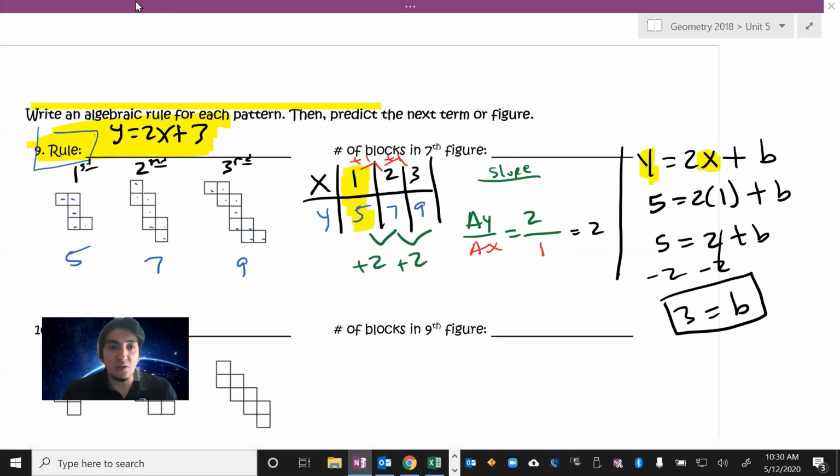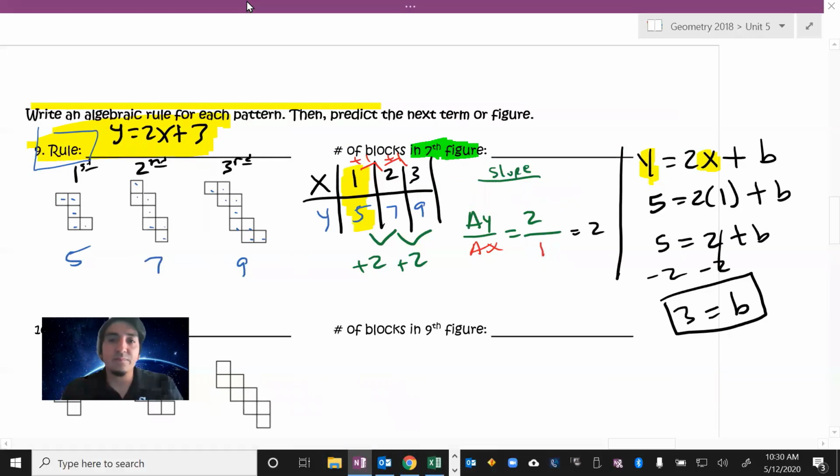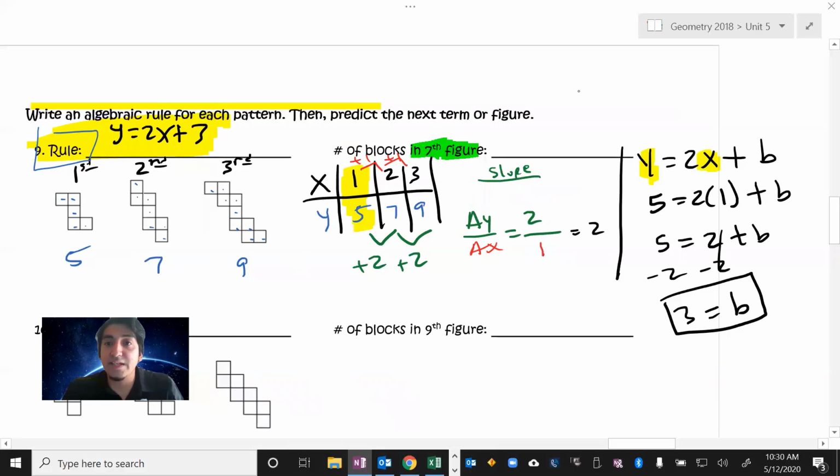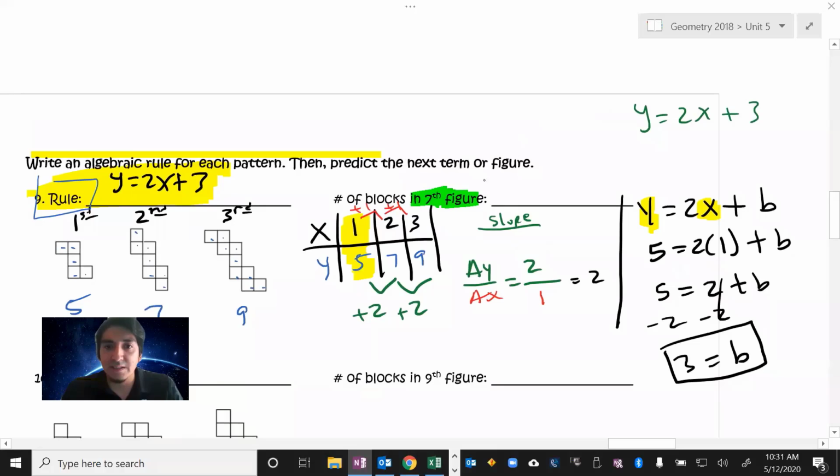Now, you might have a scenario where it's asking you to find the 7th block, the 7th figure that we have. There are ways of doing it. You can continue your pattern and keep growing your table. That's one way. And then the other way is that you can simply use what you know: y is equal to 2x plus 3. And then you can plug in 7.